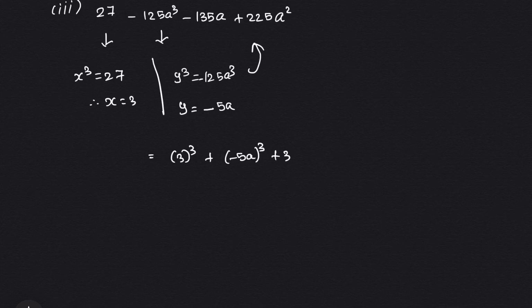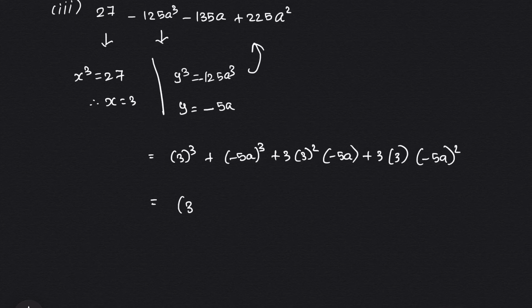So 3 square and minus 5a plus 3a b squared is the formula. So 3, the a value is 3 and the value of b is equal to minus 5a whole square. So that's it. After simplifying we get 3 minus 5a whole power 3. So this is the final term.